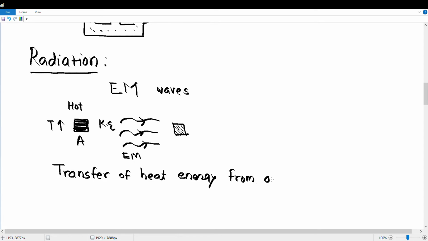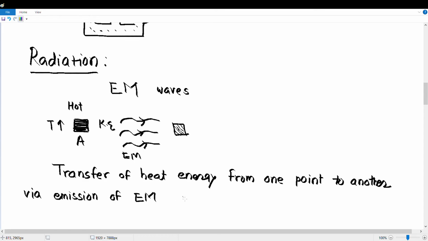From one point to another via emission of electromagnetic waves or electromagnetic energy.